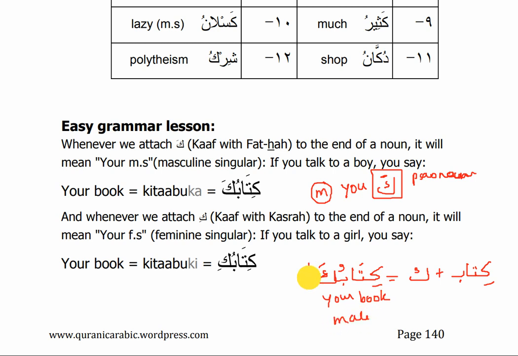Now this damir shows many things. With the fatha, it tells you male, number one. It tells you it's for male singular. Then this damir tells you you are speaking in front of, that male person is in front of you.